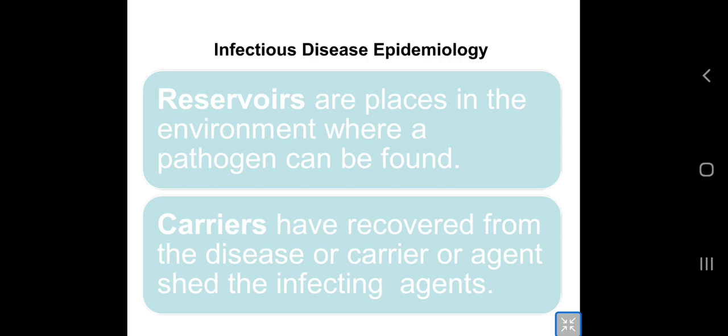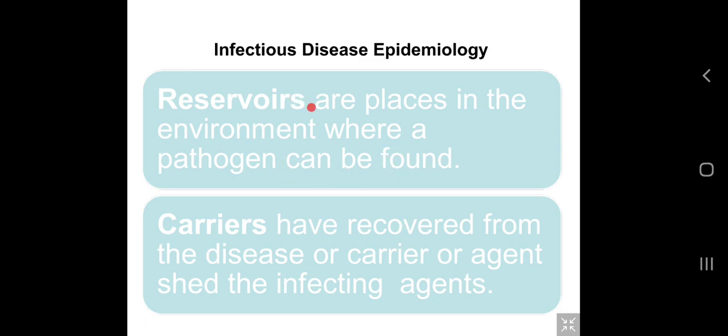This is a lovable subject, really, epidemiology. When you are studying, it's a very beautiful subject. Epidemiology is the distribution of the disease. When the disease is distributed, there are reservoirs and there are carriers. A reservoir is any place in the environment where pathogens can be found.